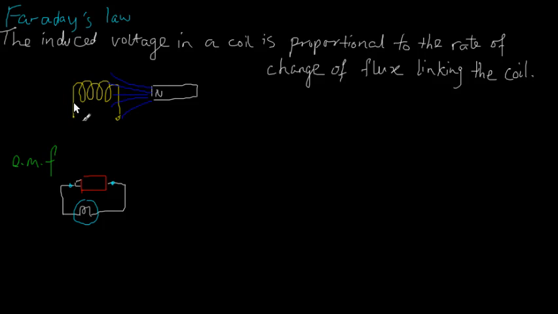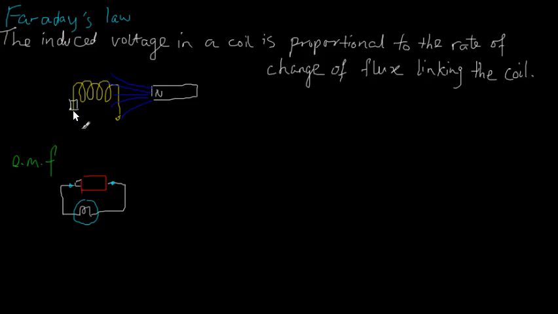So I can imagine this as the coil, which links to the flux, and I can also think that along the copper coil there is some amount of resistance, which I can represent by a little box here. This little box could represent all the resistance along this wire.